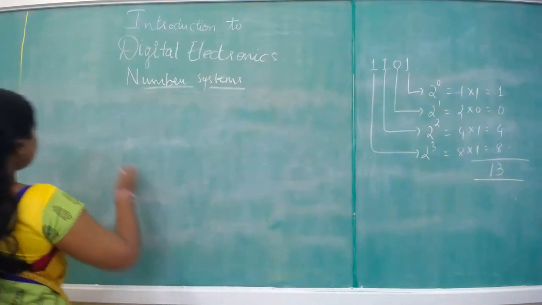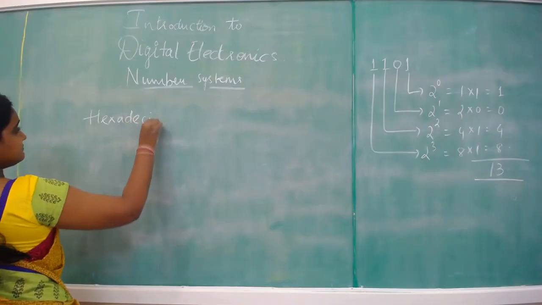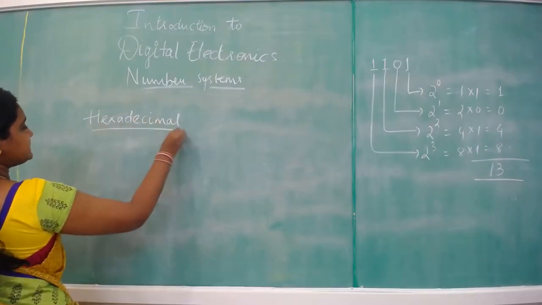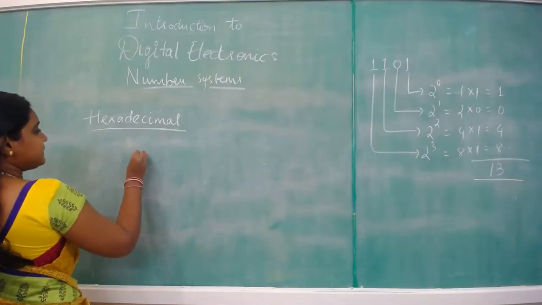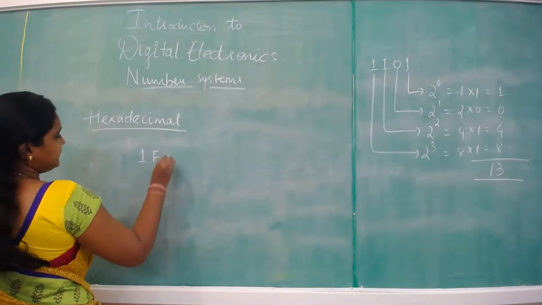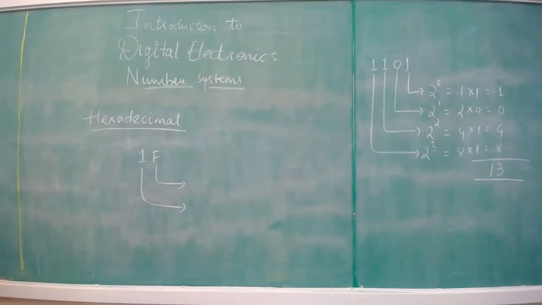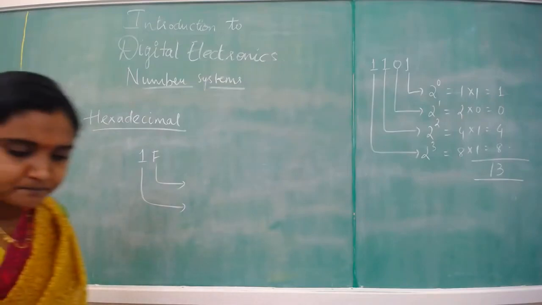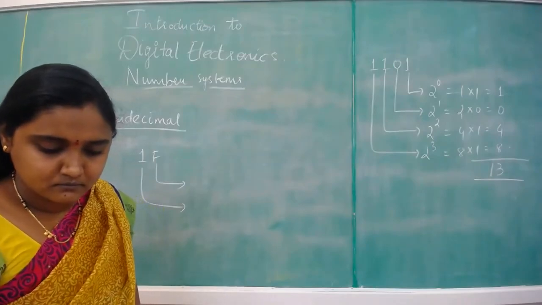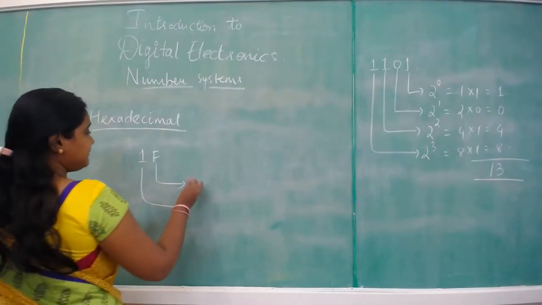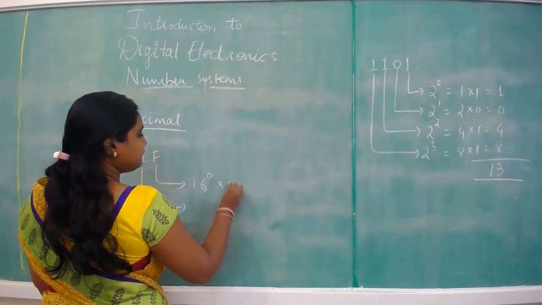Next, hexadecimal number system. In hexadecimal, we'll be using different place values. For example, if we are using 1 and F, I will take a very simple example here. Okay, I'll be computing it. So F is having 16 to the power of 0 into 15.